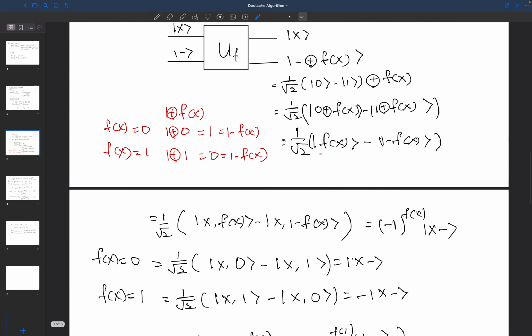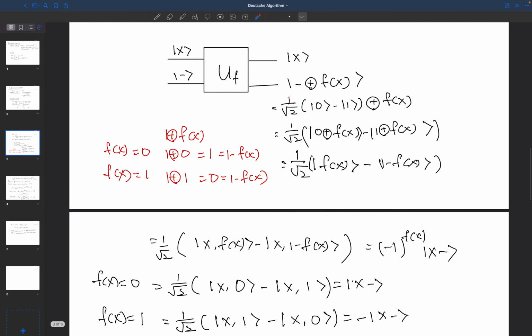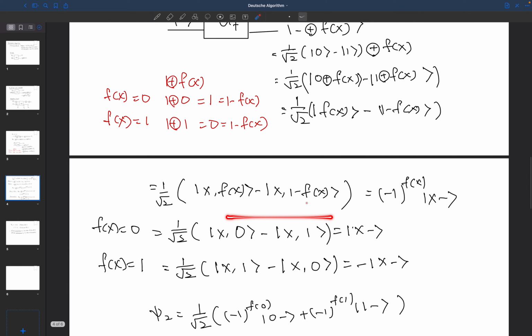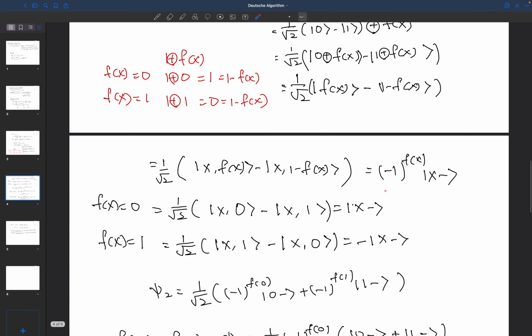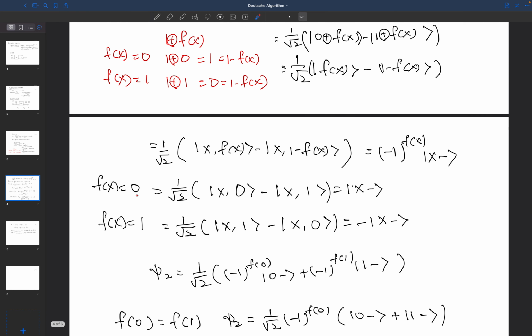So now we can write the quantum state of the output as x f(x) minus x 1 minus f(x). And this can be further put in a more concise form as minus 1 to the power f(x), x minus. Let's see why. When f(x) is 0, we got x 0, x 1 minus 0 is 1, and we can combine the second qubits to minus.